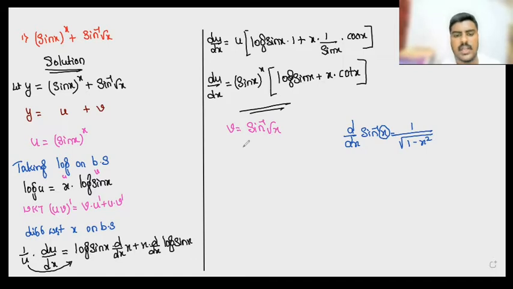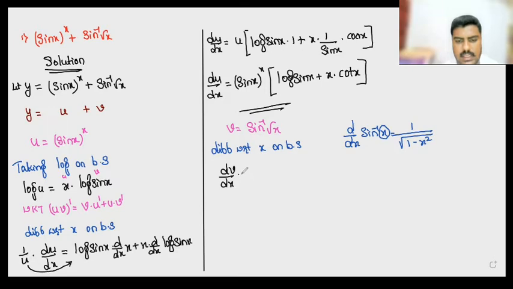Differentiating with respect to x on both sides, dv/dx = 1 by root of 1 minus (root x) whole squared, into the derivative of root x. Got it?